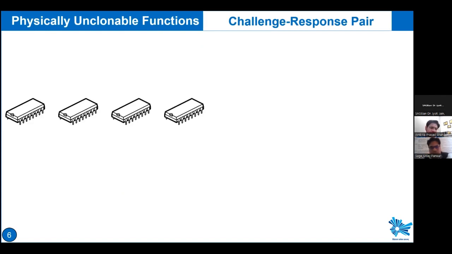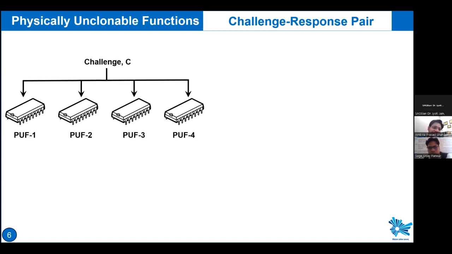Similarly, even if I provide the same set of challenges to different ICs, the PUF will be different because the PUF works on process variability. So I will receive different responses, and all these responses are not the same.